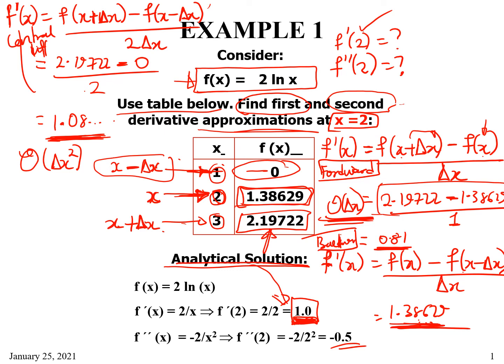And the last one we're going to calculate is f prime prime of x. And remember the equation we derived. Who remembers that? f of x plus delta x, what's the next thing? Plus or minus? Minus 2f of x. Then plus something similar but at x minus delta x.